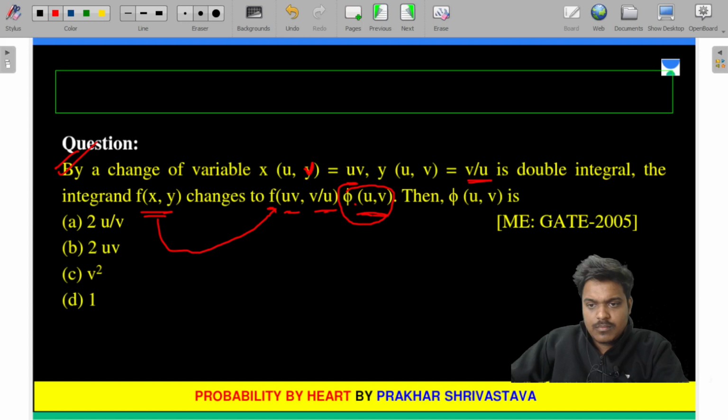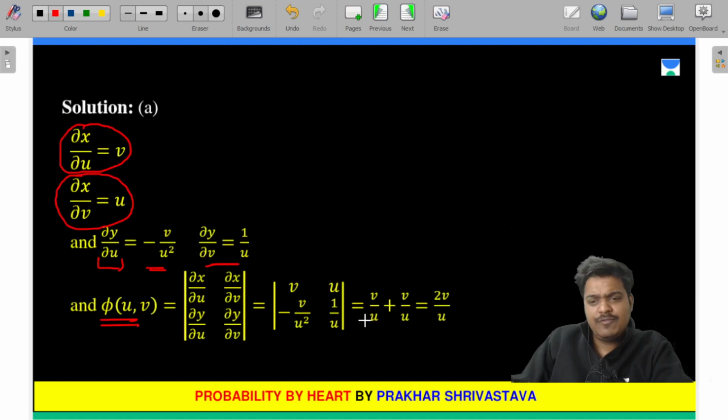dou x by dou u is equal to v, dou x by dou v is equal to u, dou y by dou u is equal to minus v by u square, and dou y by dou v is equal to 1 by u. Now the Jacobian is calculated as dou x by dou u, dou x by dou v, dou y by dou u, dou y by dou v, and if you put the values, the answer comes out to be 2v by u.